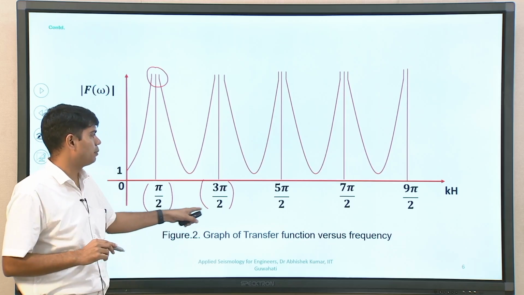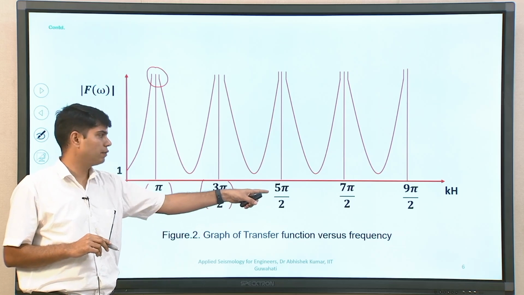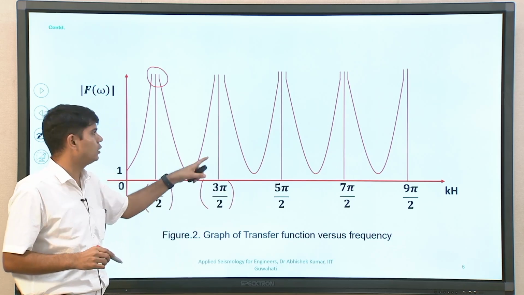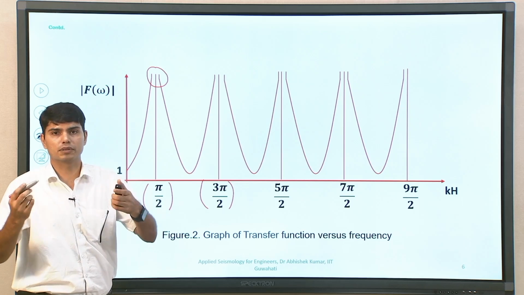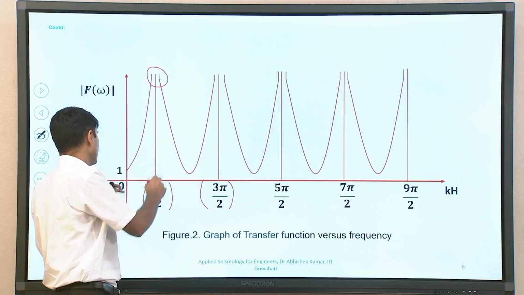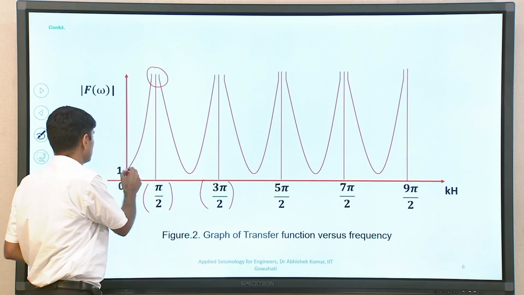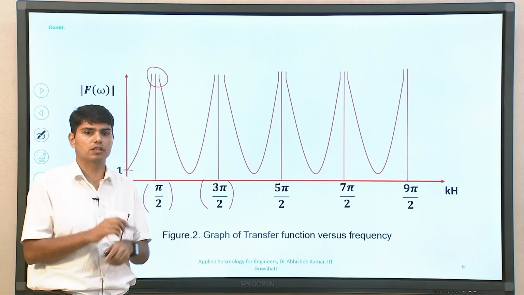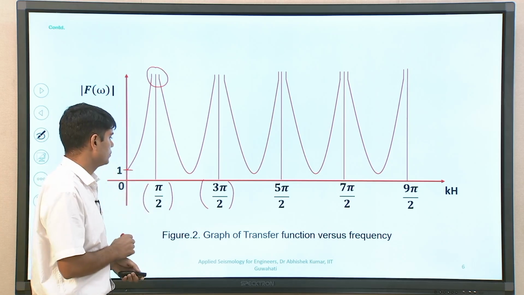That means, pi by 2, 3 pi by 2, 5 pi by 2, 7 pi by 2, 9 pi by 2. Every time when the value of k h reaches these values, the transfer function becomes infinite, and in between it is having some finite value, and the minimum value of transfer function is 1. So, it is not possible to have any value of transfer function lesser than 1.